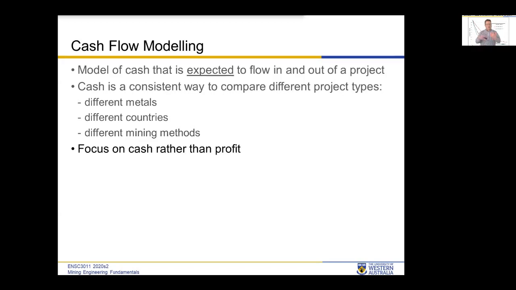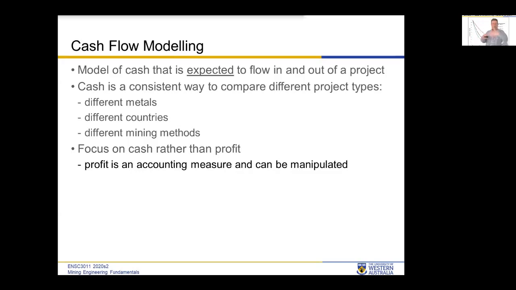We tend to focus on cash coming in and out rather than profit. Profit is an accounting term, and although I've been using it in this unit as the difference between revenue and costs, it is an accounting term and as such can be manipulated legally and is not quite such an independent tool.